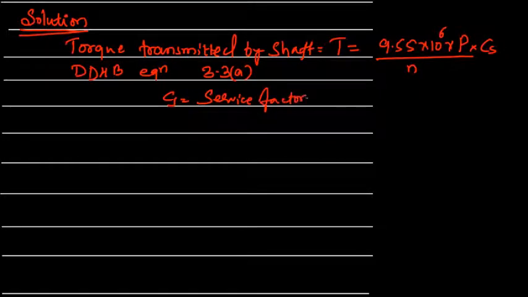If they have not specified CS, then you take it as 1. CS equal to 1. Then you calculate.